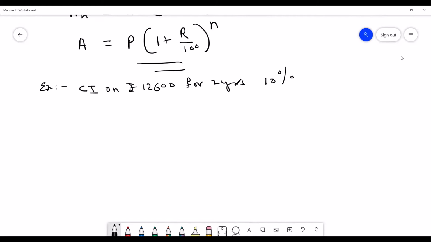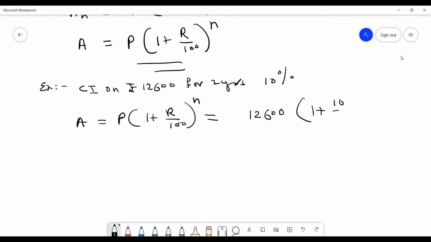So the total amount at the end of 2 years will be P into 1 plus R divided by 100 whole raised to n. That means here P is 12,600 into 1 plus R, which is 10, divided by 100, n is 2. In this way, the amount A we are going to get is 15,246.